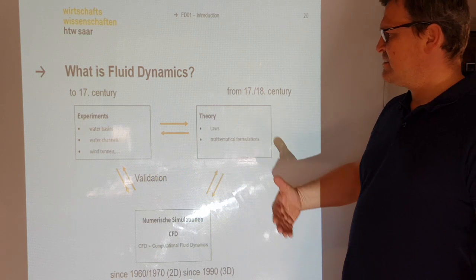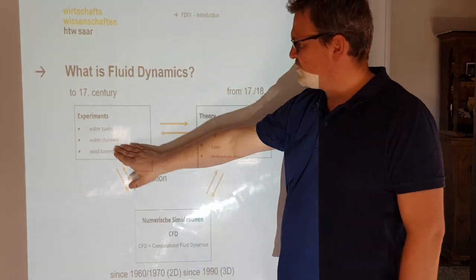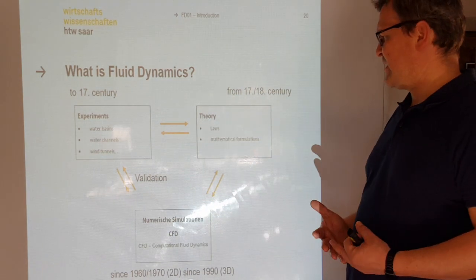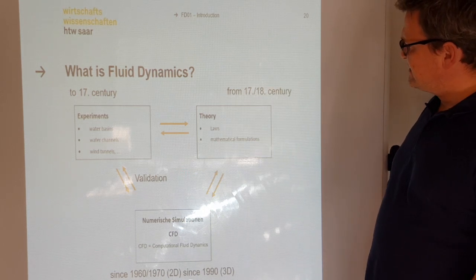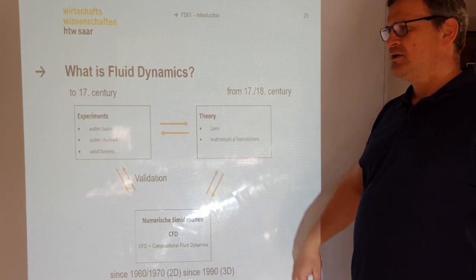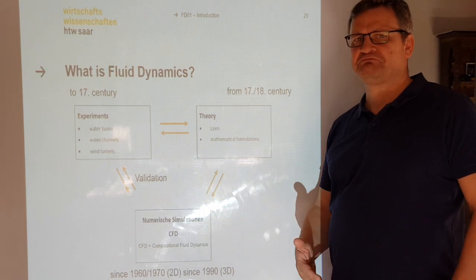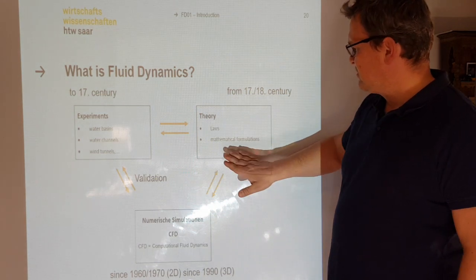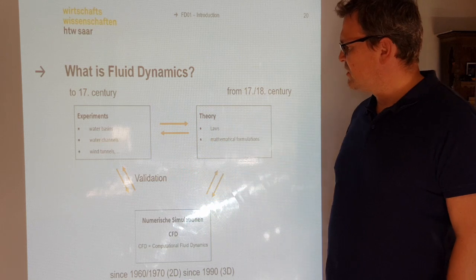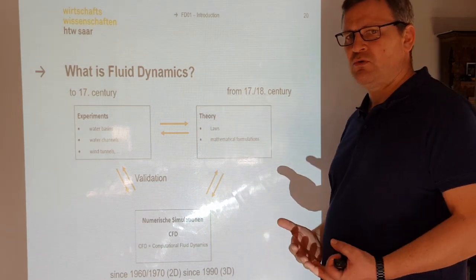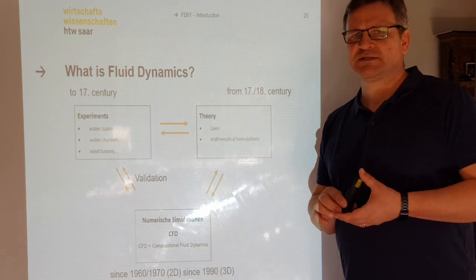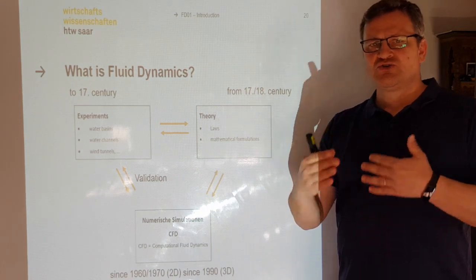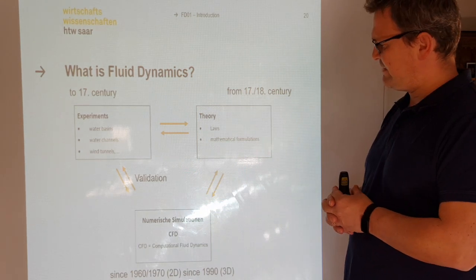The people built water basins, water channels, wind tunnels, but most of them were experimental. From the 17th to 18th century, many physical laws have been invented or examined, for example mathematical formulations or theory laws about fluid flow. Important scientists like Bernoulli or Torricelli invented a lot of theory to make calculations for fluid dynamic problems.